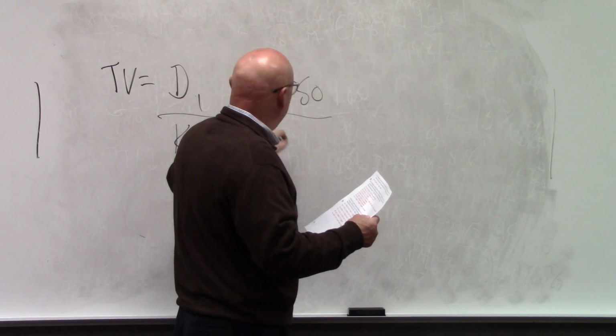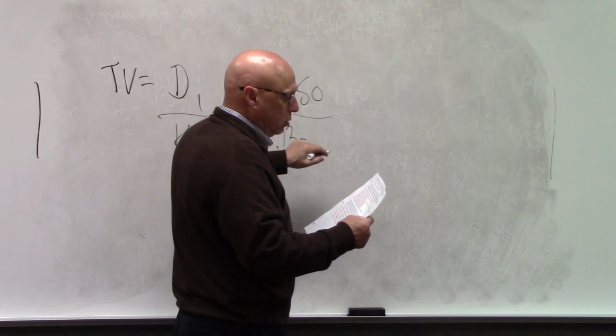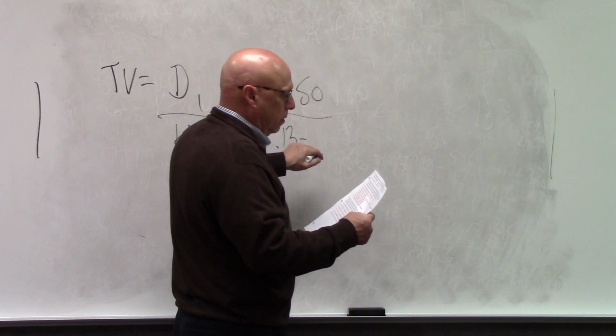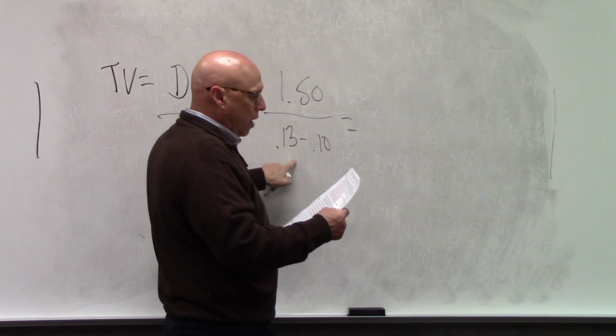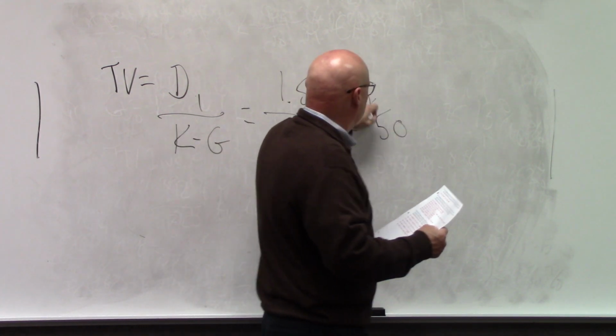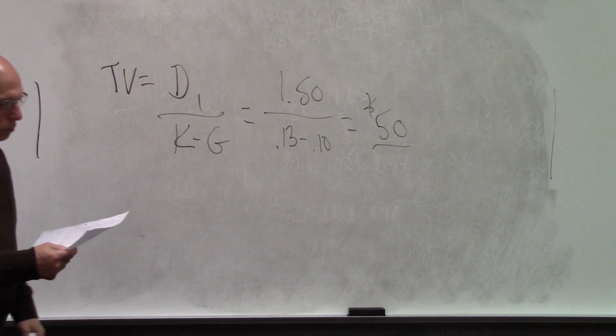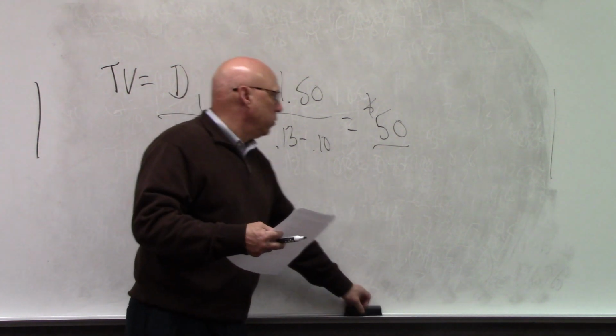And the discount rate is 13%, and the growth rate is 10%. So that's $1.50 divided by 0.03 equals $50.